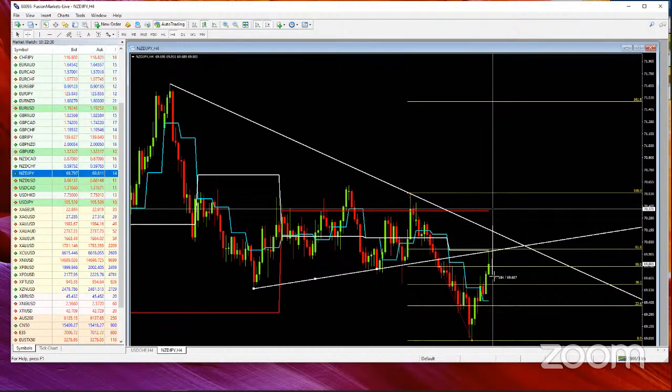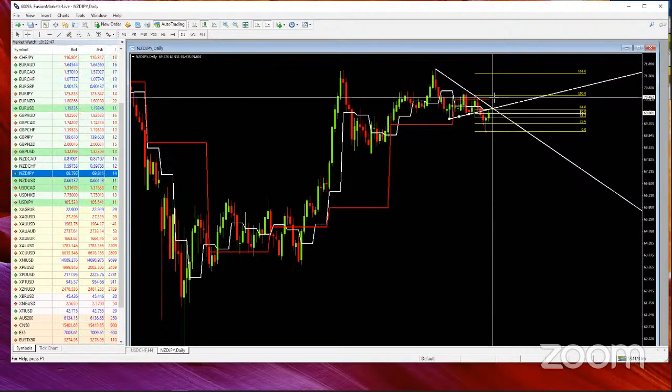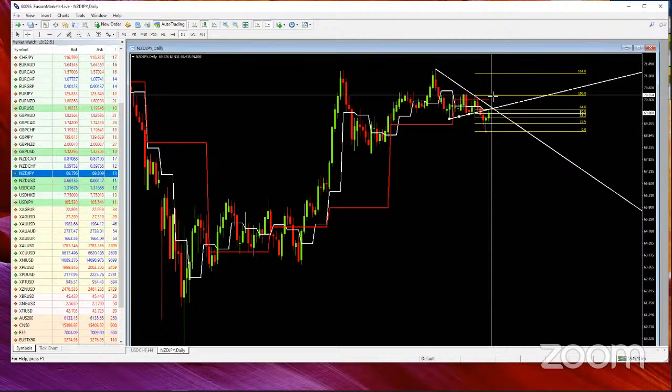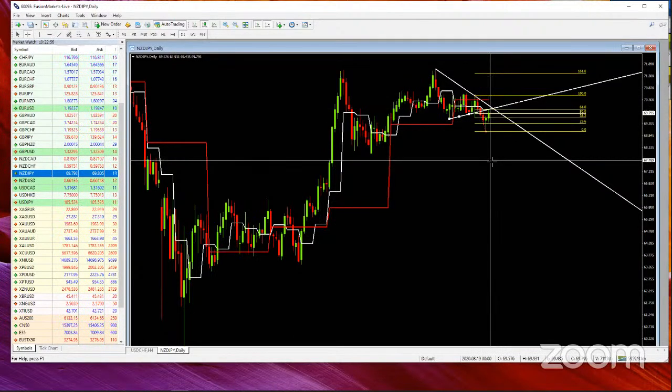Now let's just see what that would cost. Yeah, you get a 1-to-1 if you went above the monthly pivot as a hard stop. It doesn't have to be a hard stop, but as a hard stop, you could go above the monthly pivot there.